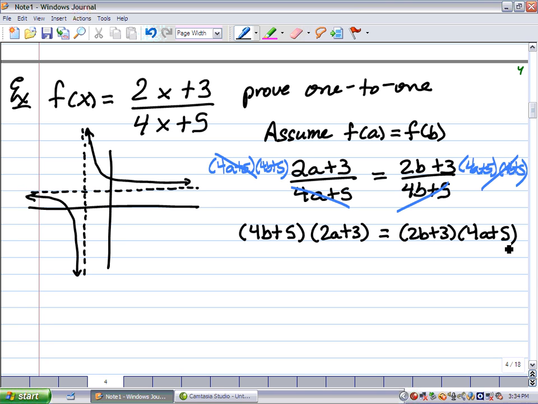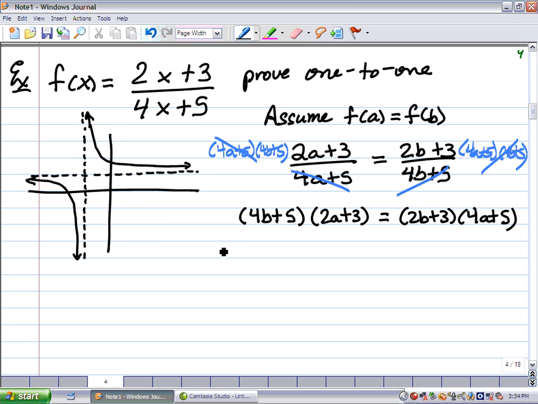Now we get to do some algebra here, distributing, or what some people call foiling. 4b times 2a is 8ab. 4b times 3 is 12b. 5 times 2a is 10a. And 5 times 3 is 15. 2b times 4a is 8ab. 2b times 5 is 10b. 3 times 4a is 12a.